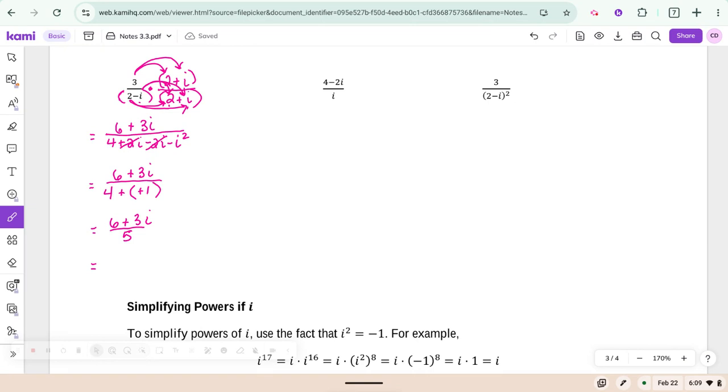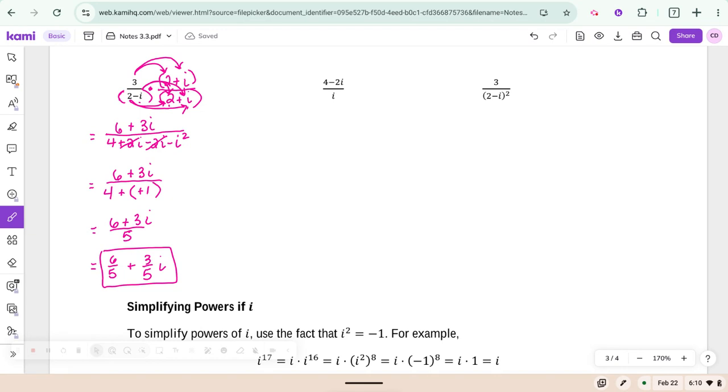So I need to take each of these, 6 and 3i, and divide them by 5. So I have 6 divided by 5 as my real component, and 3 divided by 5 as my imaginary component. Notice my denominators are just a nice rational number, 5. And this is considered better than what we started with.